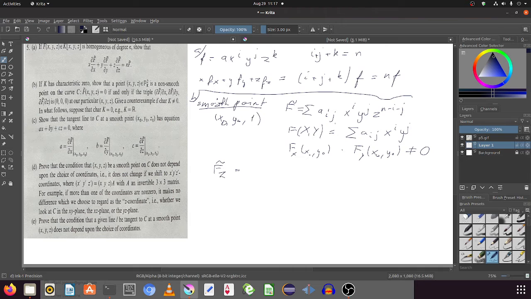But now let's check. So we need to show that f tilde z at (x naught, y naught, 1) is non-vanishing.